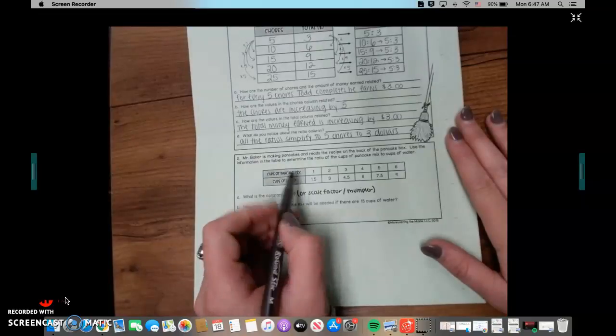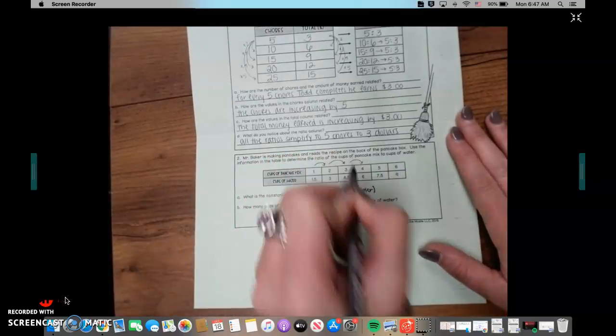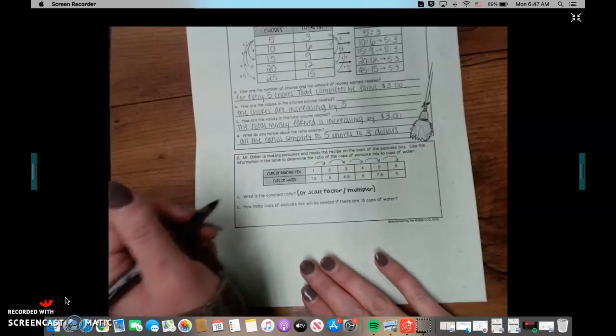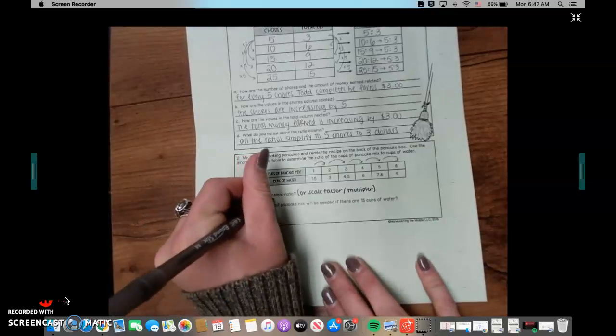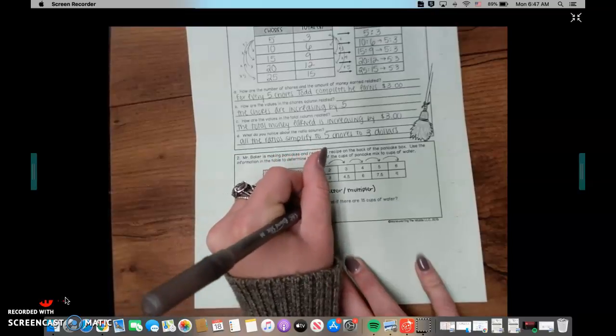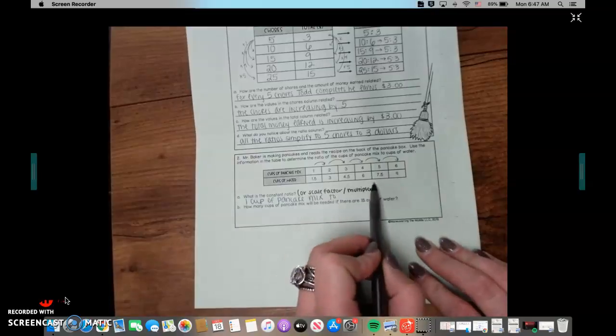Okay, so if we look at the cups of pancake mix, what's going on from each cup? Go ahead and pause the video and take a guess. Okay, if you come back, you will say that there is 1 cup of pancake mix, 2, and then down here is a different ratio.